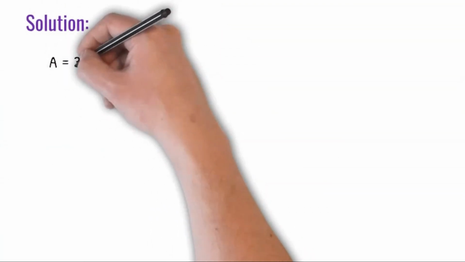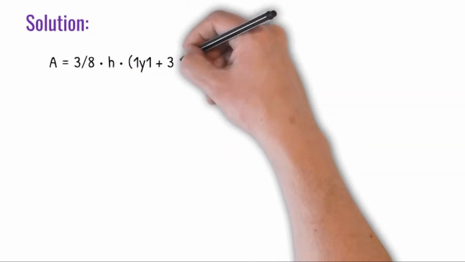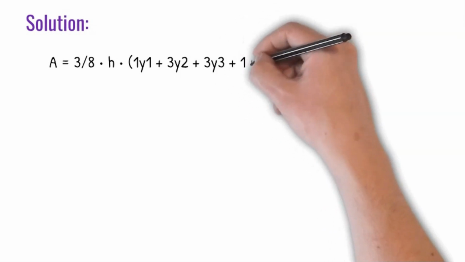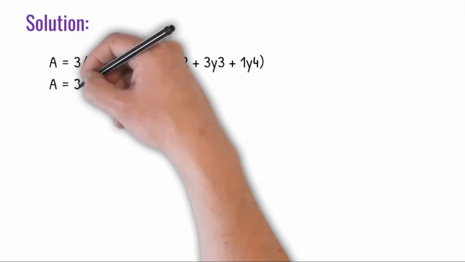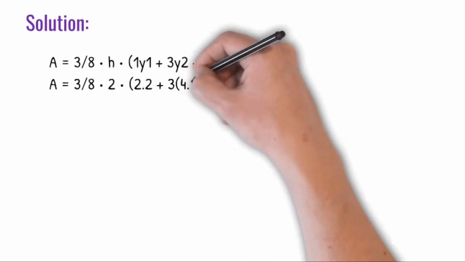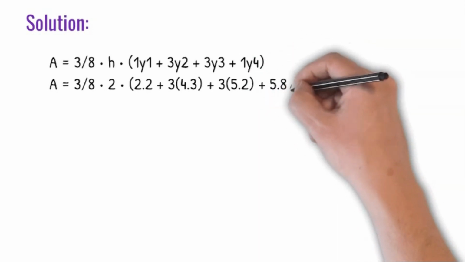Solution: area equals 3/8 times height times the sum of y1 plus 3 times y2 plus 3 times y3 plus y4. Area equals 3/8 times 2 times 2.2 plus 3 times 4.3 plus 3 times 5.2 plus 5.8.